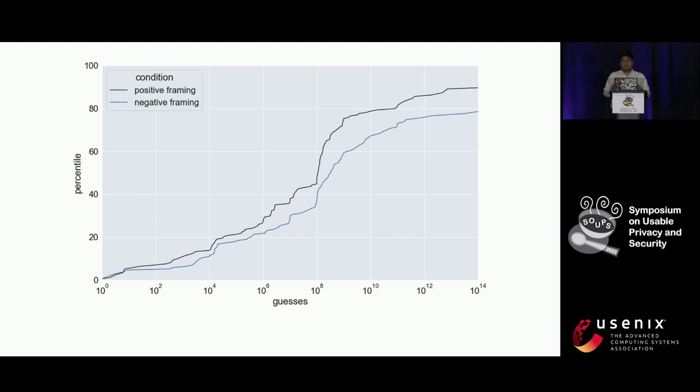The fewer passwords that were able to be cracked, the stronger the passwords were. In this case, the blue line, which indicates the negative framing, overall had fewer passwords that were able to be cracked, which meant that the passwords were overall stronger compared to the positive framing, excuse me.